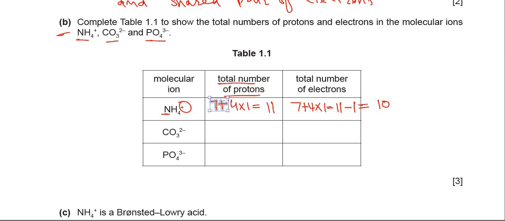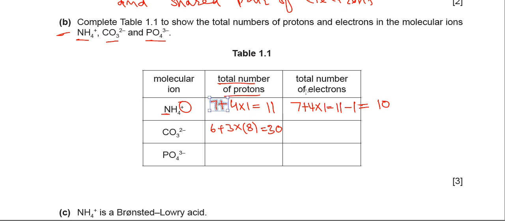In the carbonate, we have to calculate in a similar way. We have 1 carbon atom which has 6 protons, plus we have 3 oxygen atoms. Each oxygen atom has 8 protons. So we just add 3 eights are 24 plus 6, so there are a total of 30 protons.